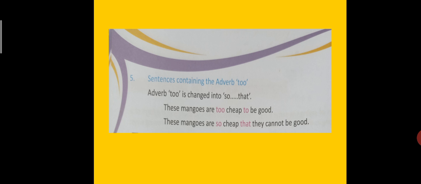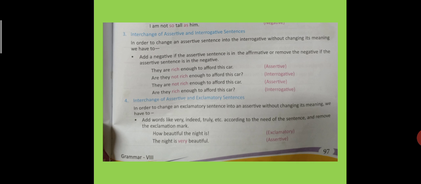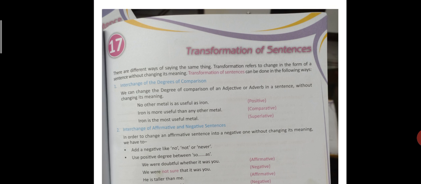So we'll do a recapitulation of some of the points. The first was interchange of the degrees of comparison. The meanings will not change. You have to remember this thing in your mind. Then, interchange of affirmative and negative sentences.